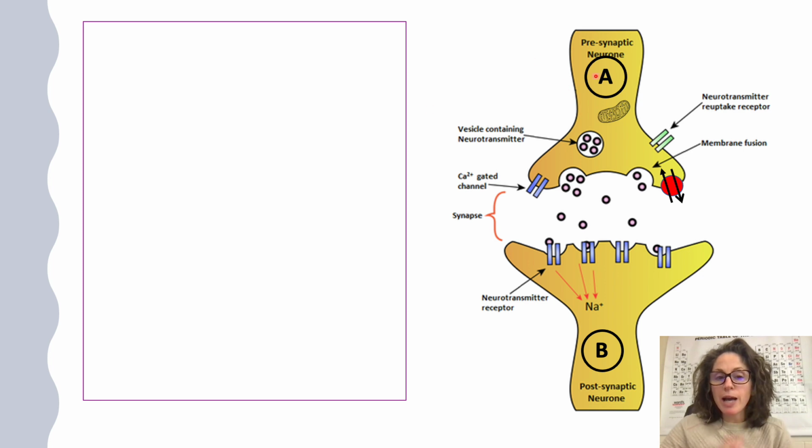Okay, so here we have A, our presynaptic neuron, and B, our postsynaptic neuron. And so this is the axon terminal of one neuron, and this is the dendrite of another neuron. And some sort of stimulus has occurred, causing this neuron to need to send a message to this neuron. And we'll talk about how that happens a little bit in this lesson, and more so in the next lesson.